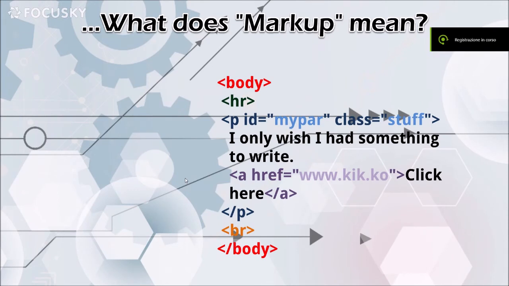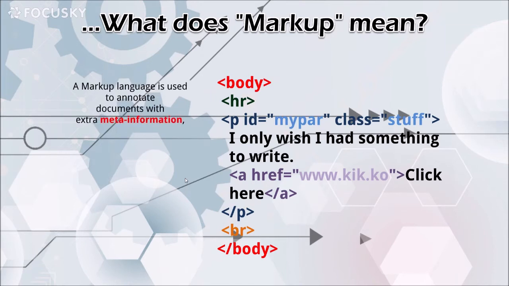Very well, we know that the letter M in HTML means markup, but what is the meaning of markup? Essentially, a markup language is used to annotate documents with extra meta information that tells about an underlying logic or structure that must be respected.